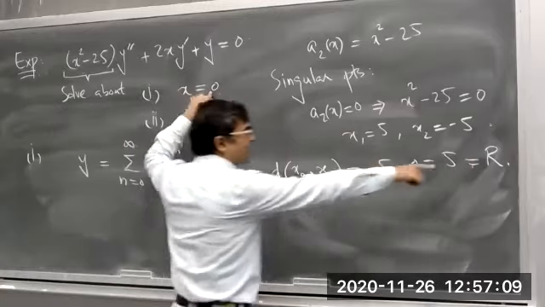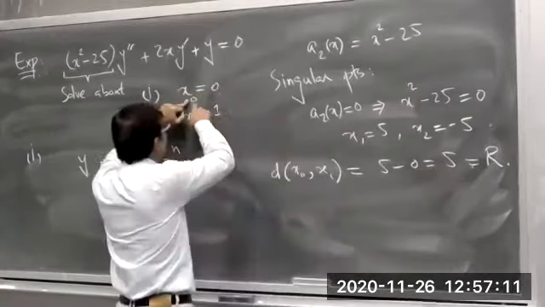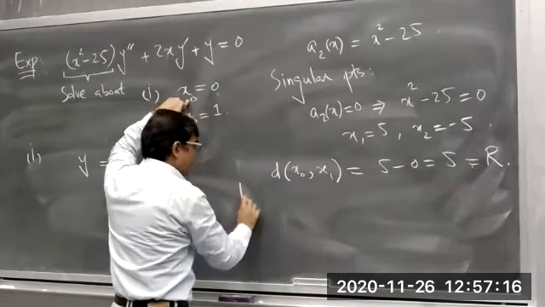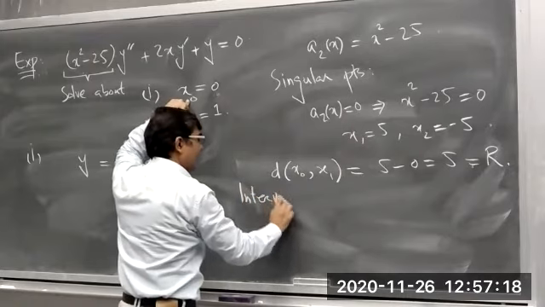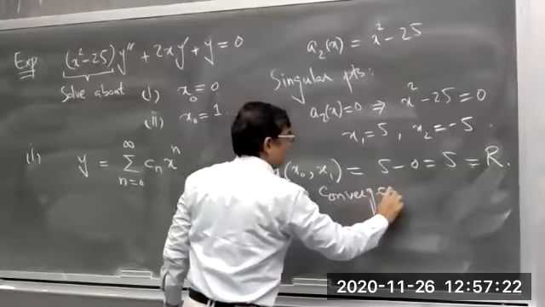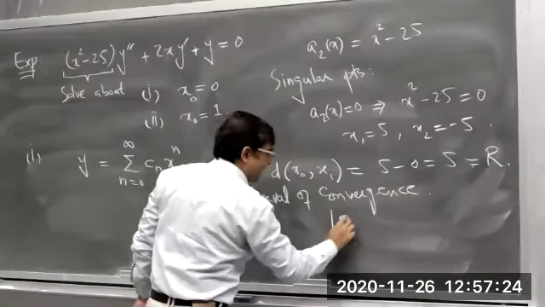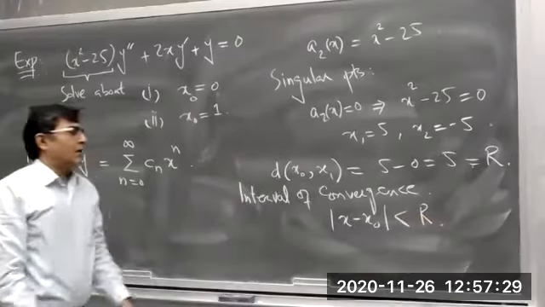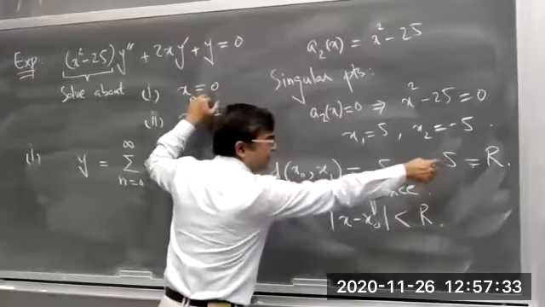Now, if the radius of convergence is 5 and x naught is 0, then what is the interval of convergence? The interval of convergence is mod of x minus x naught less than r. Now, we know x naught is 0 and r is 5.